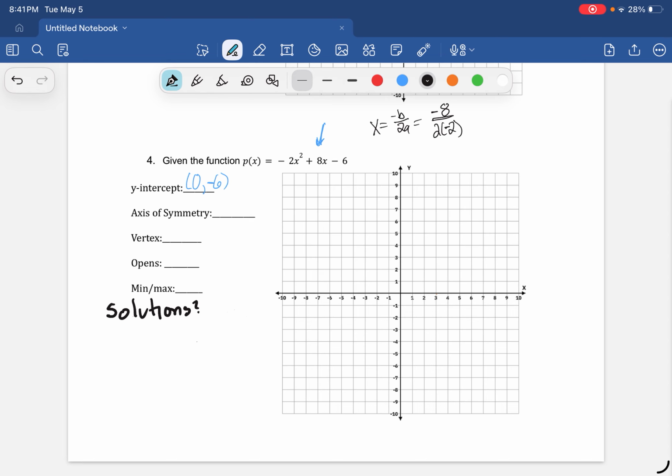I would do my denominator first. 2 times -2 is -4, and -8 divided by -4 is 2. Then how I'd find my vertex is I would plug 2 into my equation.